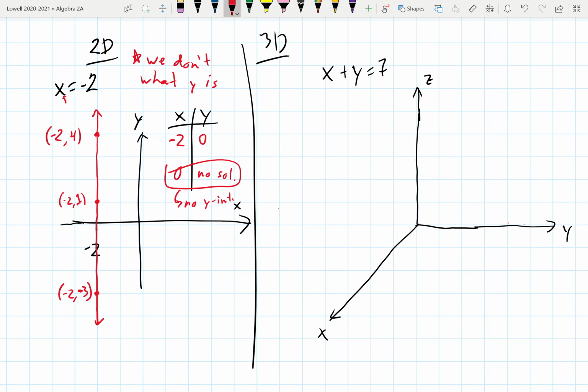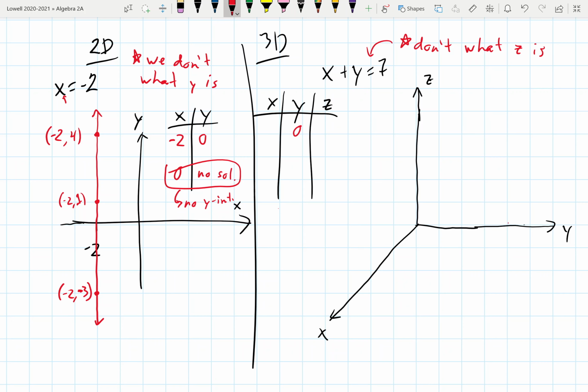Now, let's take a look at our three-dimensional example. So I could do the same thing, x, y, z, and we'll see all the parallels from 2 dimensions. First off, since z doesn't show up here, we don't care what z is. This equation only depends on x and y.